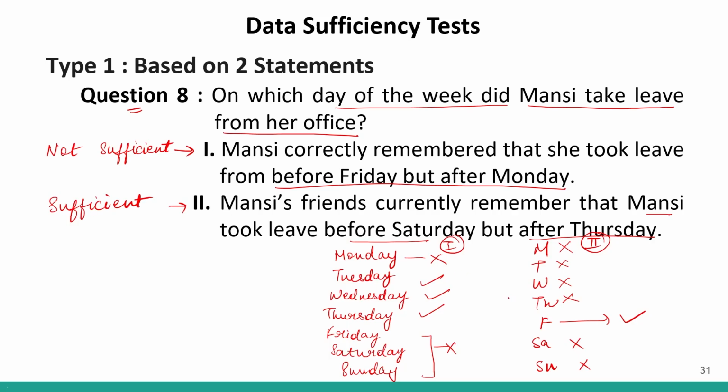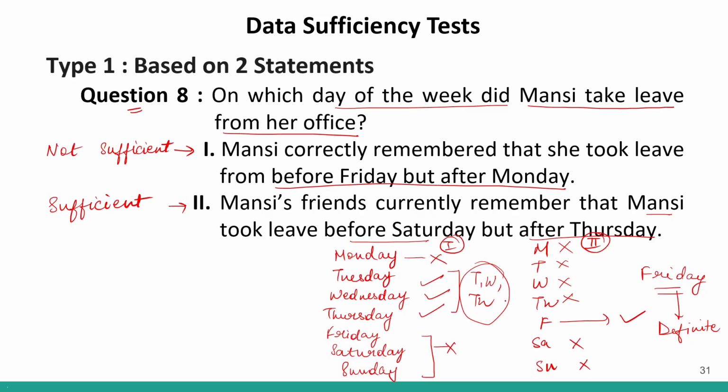Now, let us look at these two together. Based on statement 1, I am getting 3 possibilities over here. That is Tuesday, Wednesday and Thursday. Correct? And over here, I am getting a definitive answer, which is Friday. So basically, they are contradictory. Over here, we had 3 different possibilities. And over here, this is the definitive answer, but this is not in alignment with these 3 possibilities.